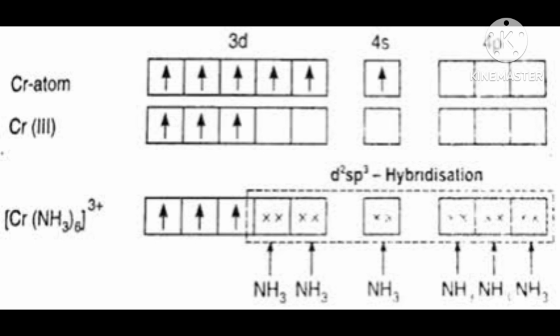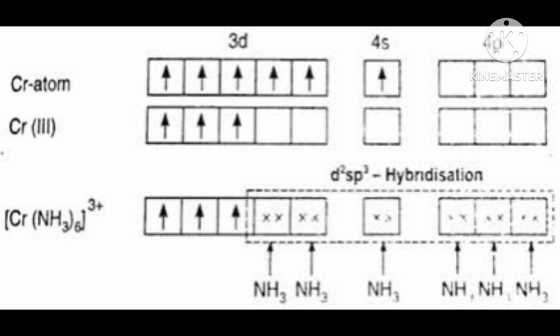A spin free complex is also called high spin. In the beginning what I discussed, in the case of cobalt NH3, there it was low spin or spin paired. Here it is high spin, also you can say a spin free complex.